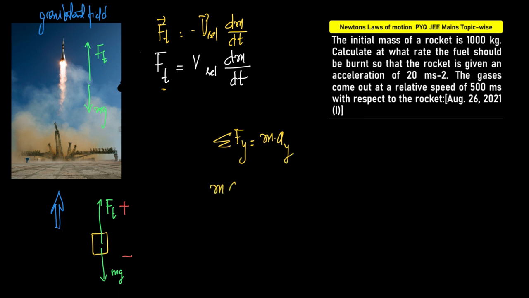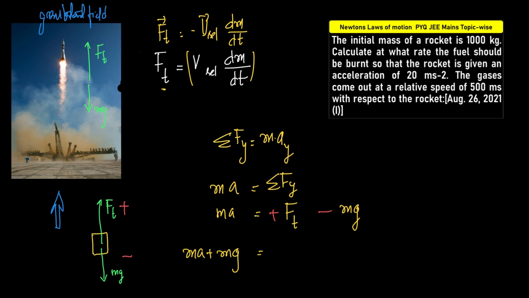So ma is equal to the sum of the forces, which is plus F_t minus mg. If you transpose mg to the LHS, we get ma plus mg is equal to plus F_t.